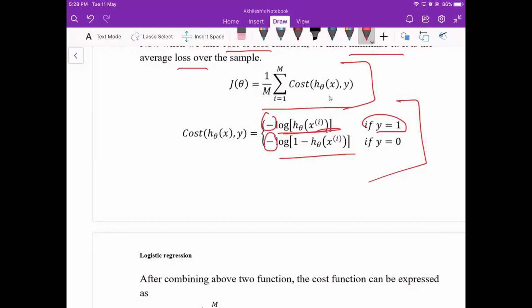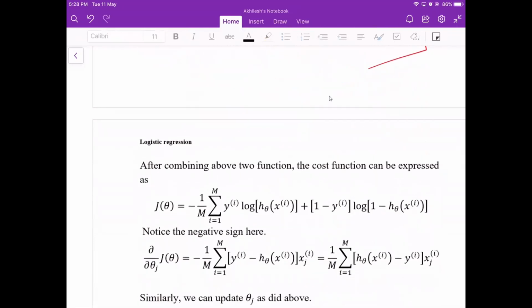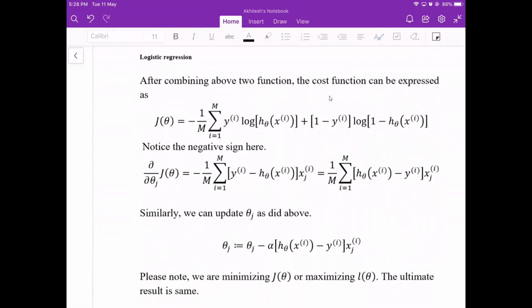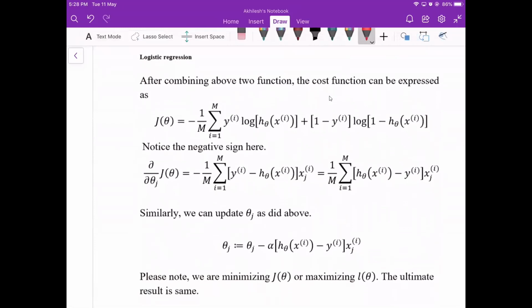So when you have a minus sign, you have to minimize it. Okay, and similarly we can combine all the loss, sum all the loss, and then take the derivative with respect to theta, and finally we will have this.